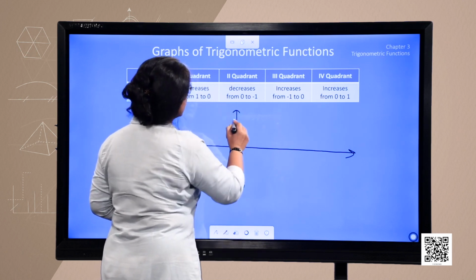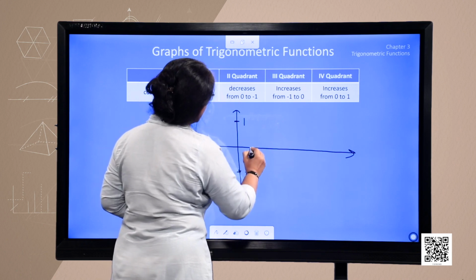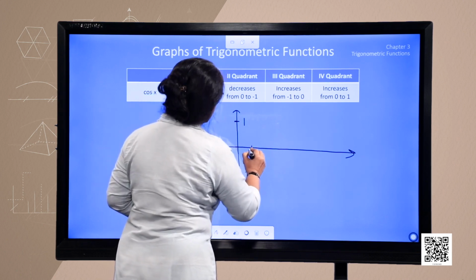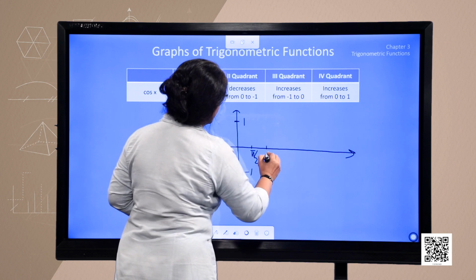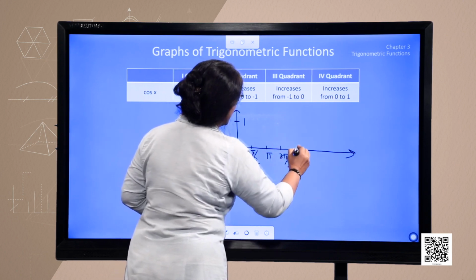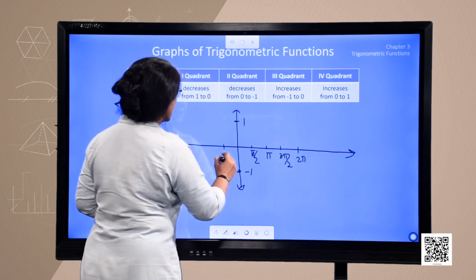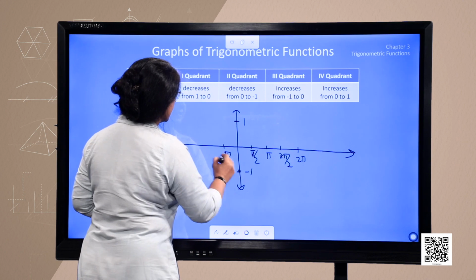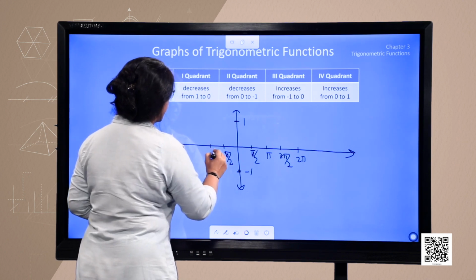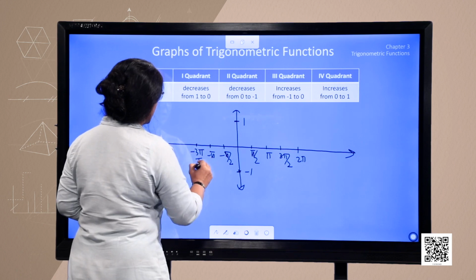This is the y axis, maximum value 1, minimum value -1, and if we take pi by 2, pi, 3 pi by 2 and 2 pi, and similarly we can extend it further. Here in the negative direction, we take values of minus pi by 2, minus pi, minus 3 pi by 2 and minus 2 pi.